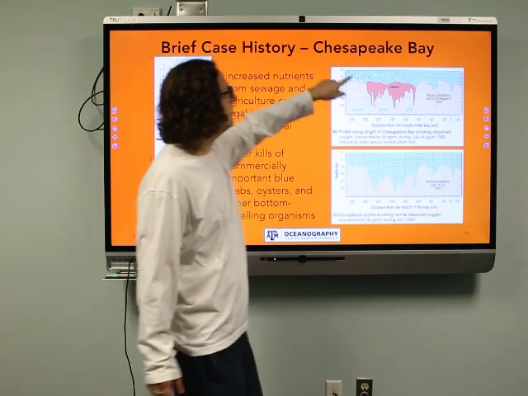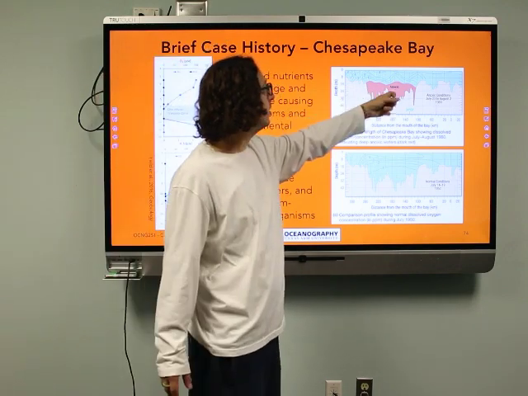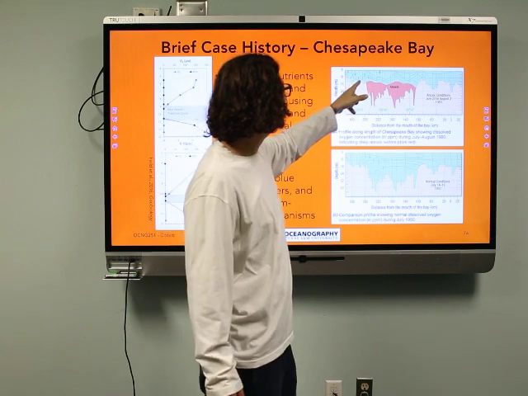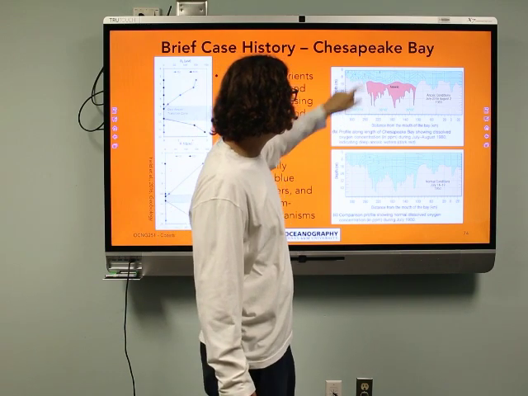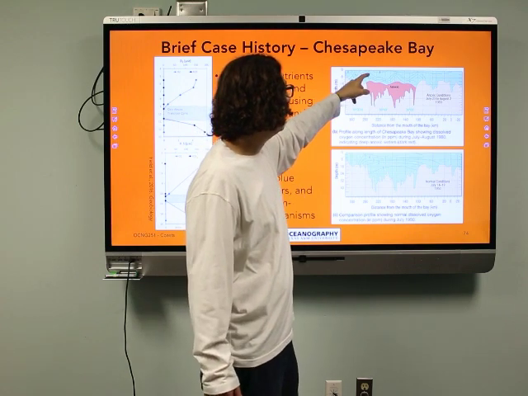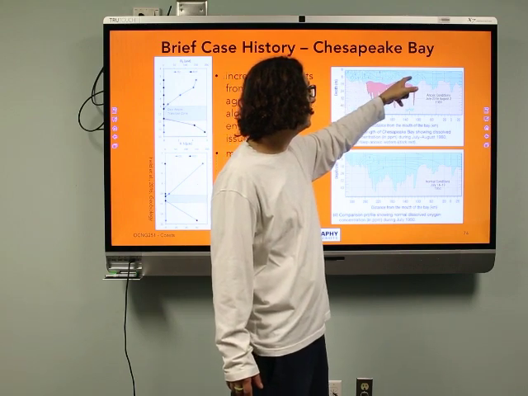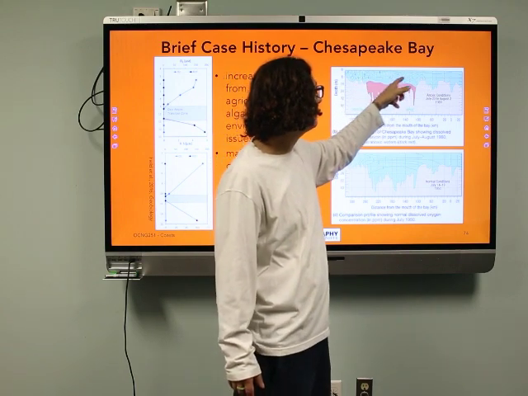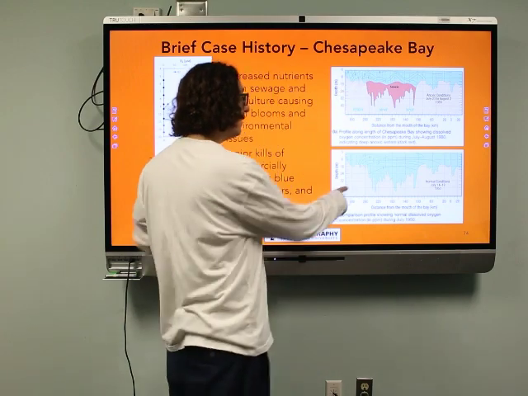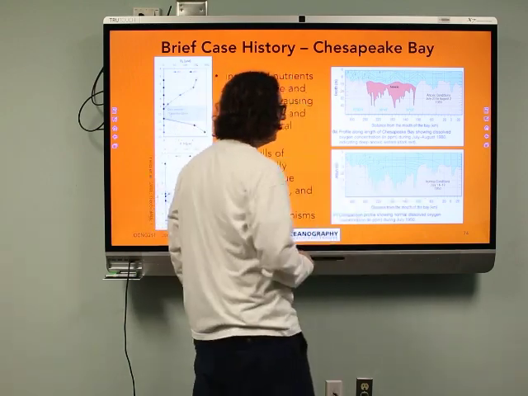What you see here is that there's this big region of anoxic water in red where there's no oxygen, and then even here there's a 2. This is showing you dissolved oxygen concentrations in parts per million. Less than 2 is hypoxic, and so you can see lots of it. This whole area is hypoxic, whereas none of it was anoxic in 1950.